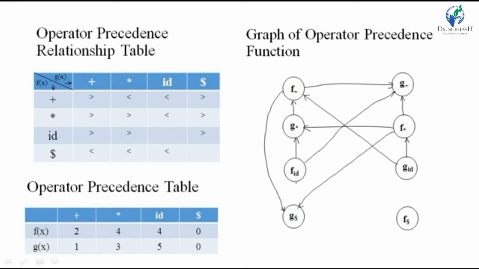F ID is the highest precedence, so it goes outward. Next, F dollar to G plus. G plus is the highest precedence. Next, F dollar to G star.